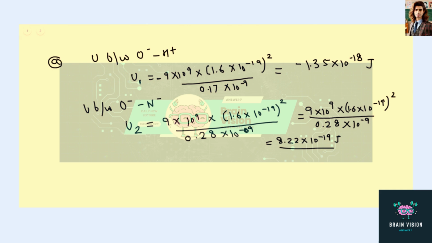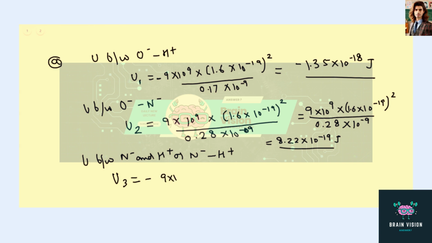So we have these two values now. Now finding the potential energy between N minus and H plus, we call it U3. One is negatively charged and one is positively charged, so we must have minus here.